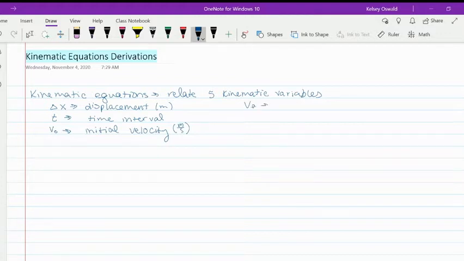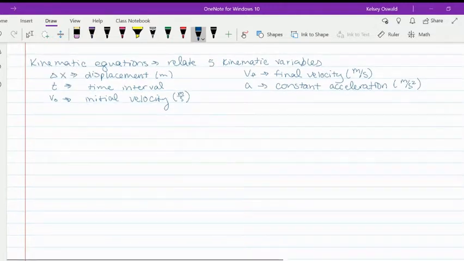Then our final velocity, the velocity we reach after our acceleration, and again, since it's velocity, that's measured in meters per second. And acceleration. Our equations are going to relate these 5 variables. And acceleration, of course, is measured in meters per second squared.